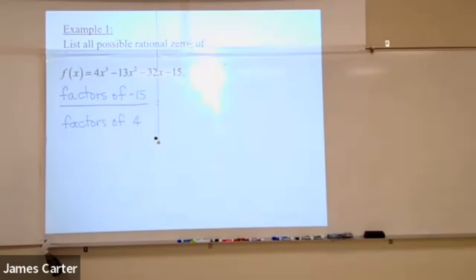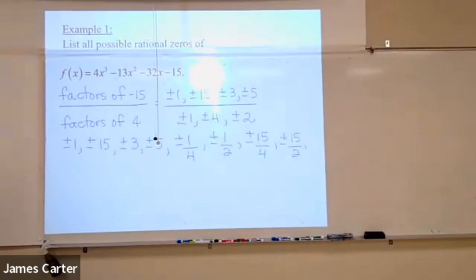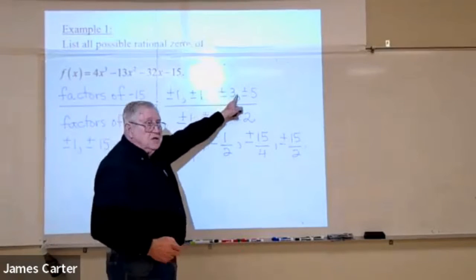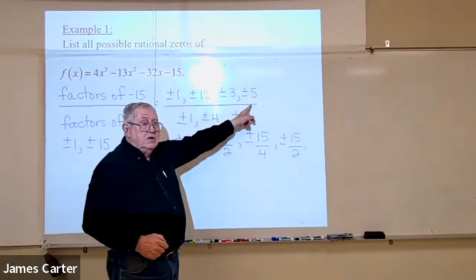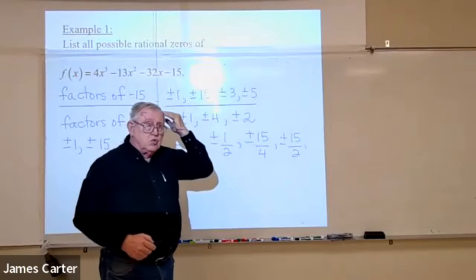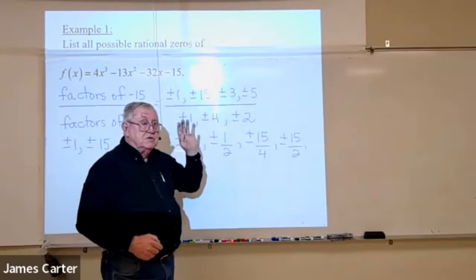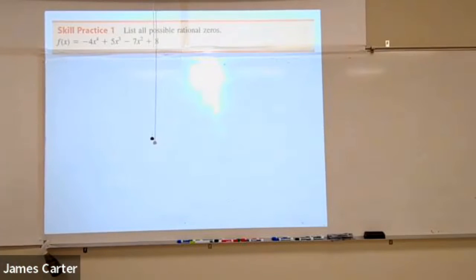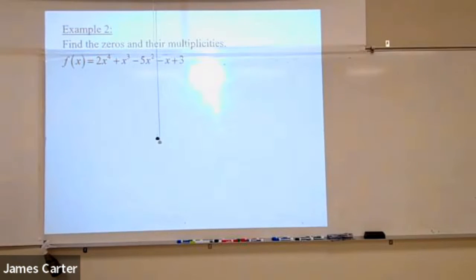Okay, I'm just going to run through this slide real fast. I didn't want to use their numbers because they didn't sequence them small to large. And to me, it just works better if I sequence them small to large. Find the zeros and their multiplicities.